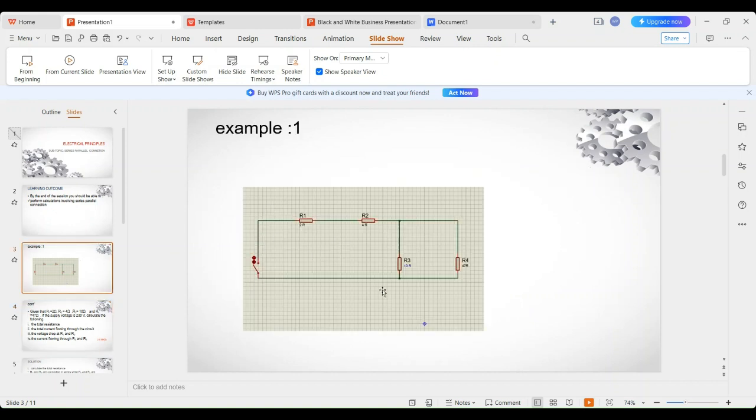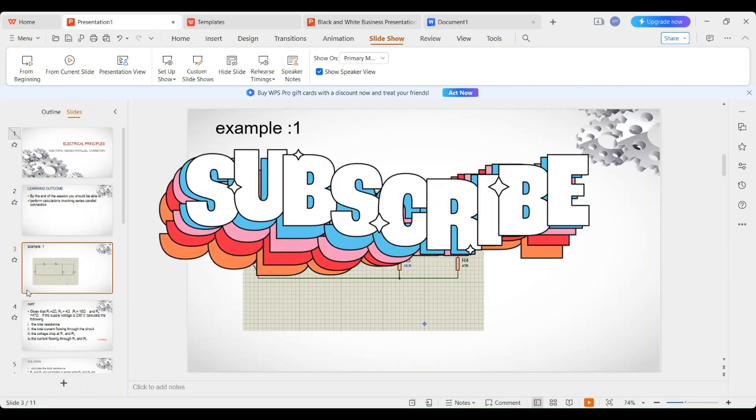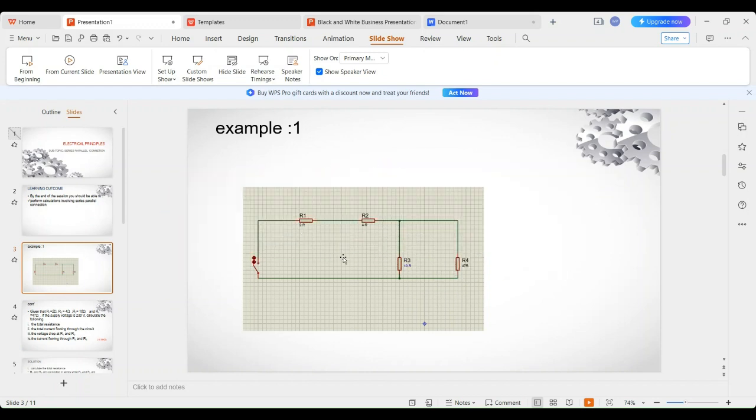If you look at our circuit here, we can see that R1 and R2 are connected in series, while R3 and R4 are connected in parallel. There are some important notes about series and parallel connection.